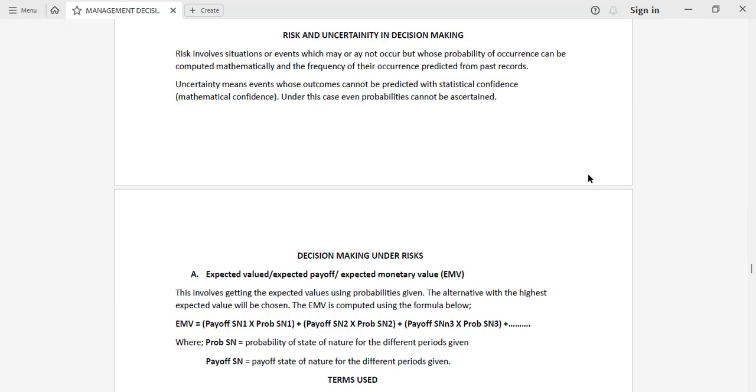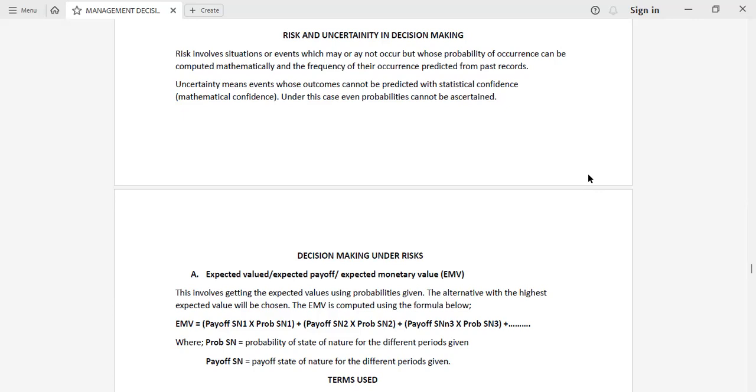When we talk about the risks, it's mainly used under sports betting and other gambling activities. Most of the times, that's where we find the application of the risks, in those betting and other gambling companies.